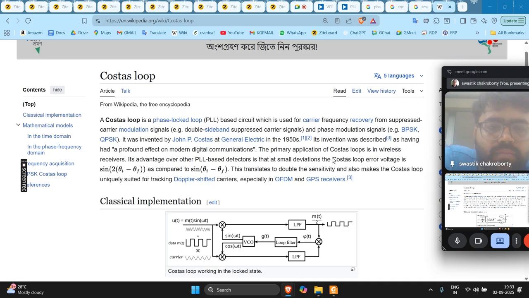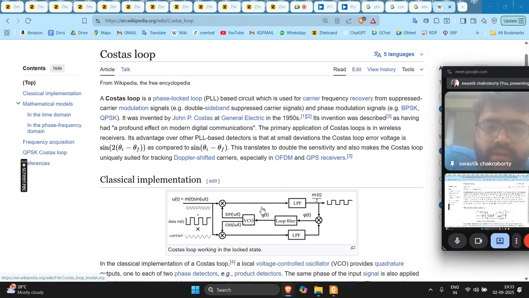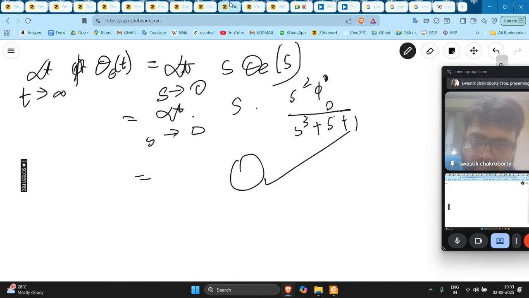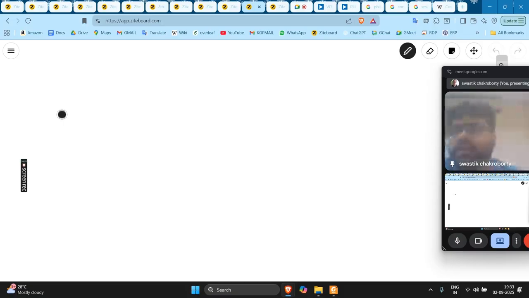So sitting at the receiver, we can directly estimate what the carrier frequency of the transmitter was, even without transmitting the carrier frequency. So this was a path breaking revolution in digital communication, because it allowed estimating carrier frequency.